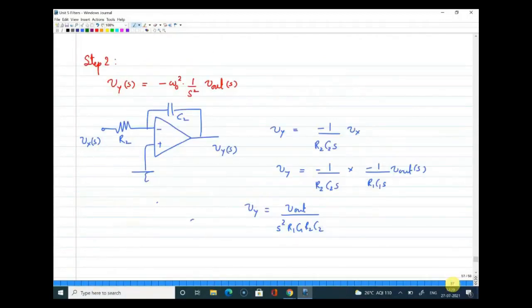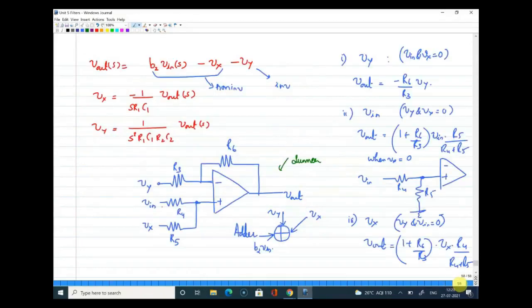After implementing Vx and Vy separately, what we need is a summer where we can add the inputs Vx and Vy. So we wrote this expression, and we saw that for Vx and the input there is no inversion required, because it is already taken directly from the output of the integrator. But for Vy, we need to retain the minus sign, as it has passed through two integrators, so the minus sign is not there. That is why we are connecting Vy to the inverting input, and Vx and Vin to the non-inverting input.